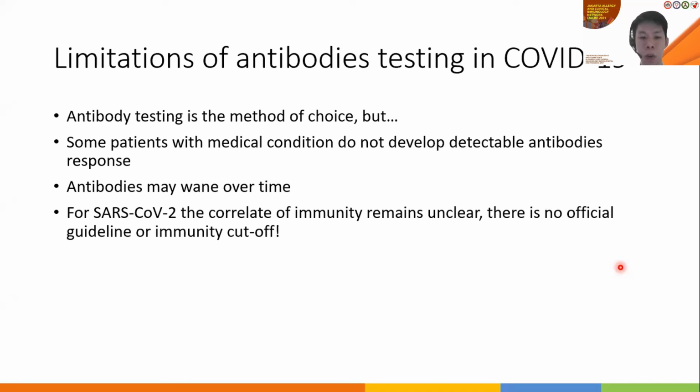For SARS-CoV-2, the correlation of immune status is still unclear, as nobody has provided an official guideline or immunity cutoff. So what can we do for people who do not develop detectable antibody levels in their body? What can we provide to ensure that vaccination actually helps them?